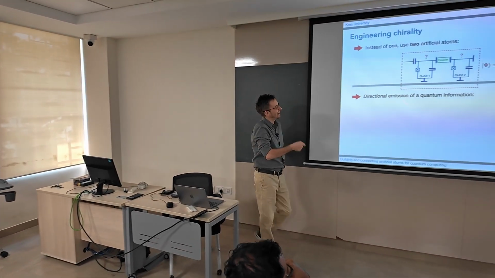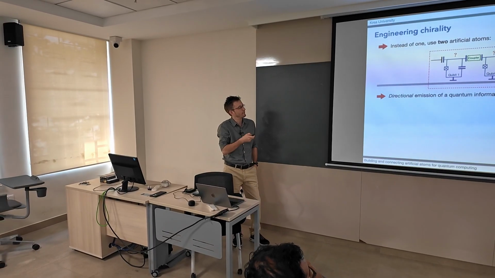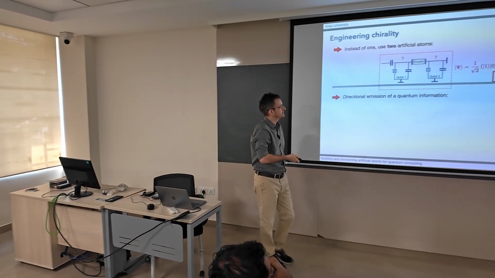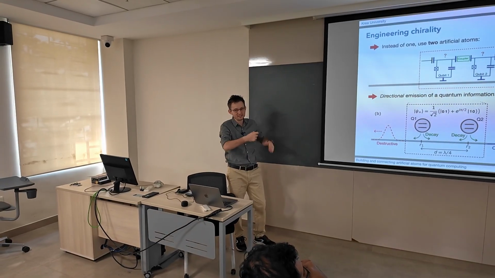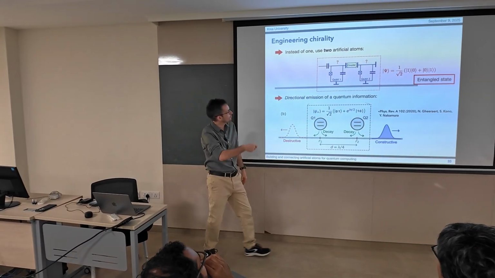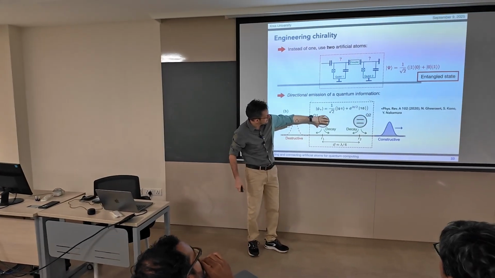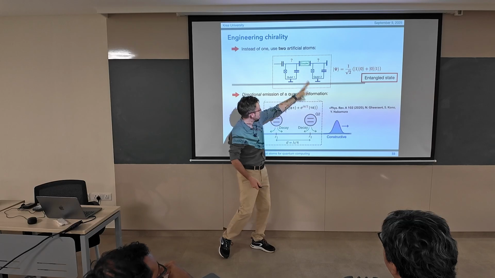So this is basically a proposal that we came up with my Japanese colleagues at the University of Tokyo, to create directionality. I'm changing the symbols a little bit because this is the image from the paper. This is our first qubit, this is the second qubit, and we're coupling them at a certain distance on the same waveguide.